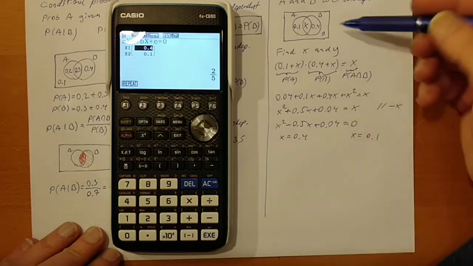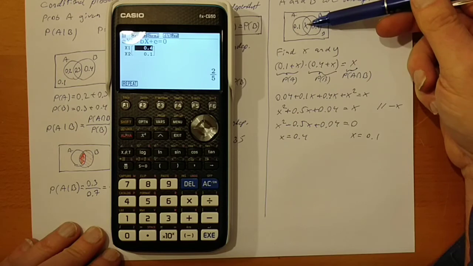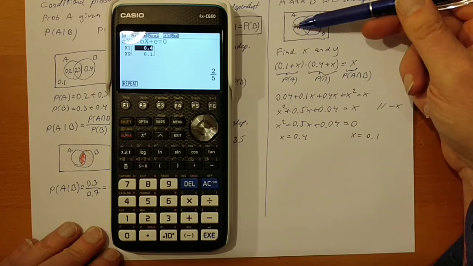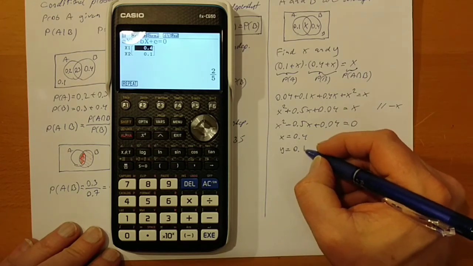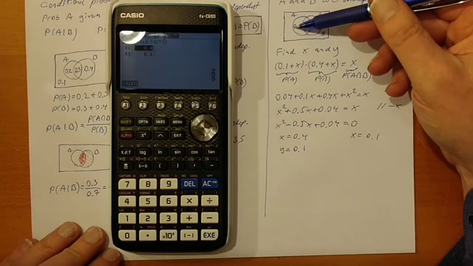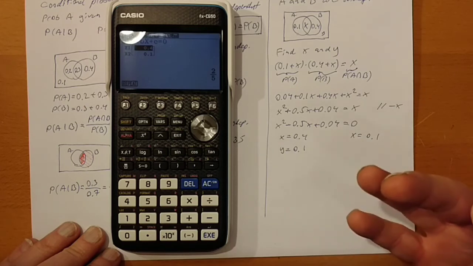And of course, if we know that x is 0.4, we have 0.4 plus 0.4 is 0.8 plus 0.1 is 0.9, so y must be 0.1, right? Because 0.4 plus 0.4 plus 0.1 plus 0.1 is 1.0.